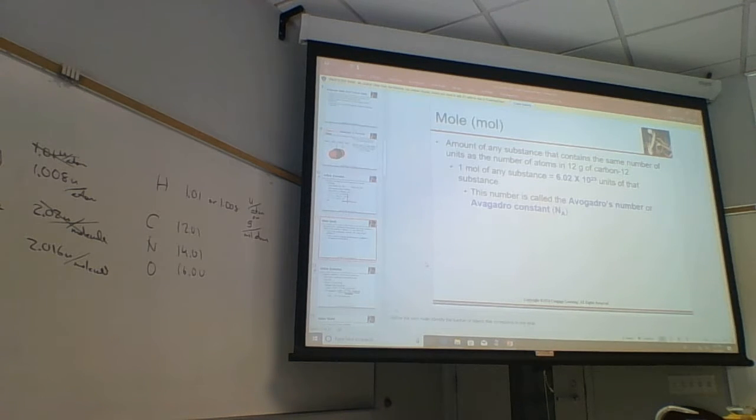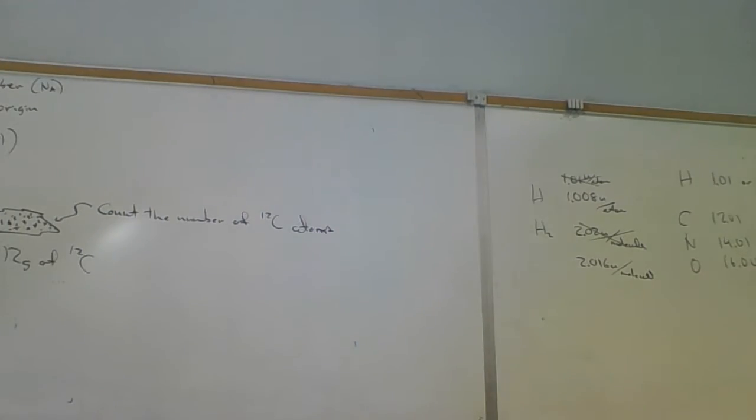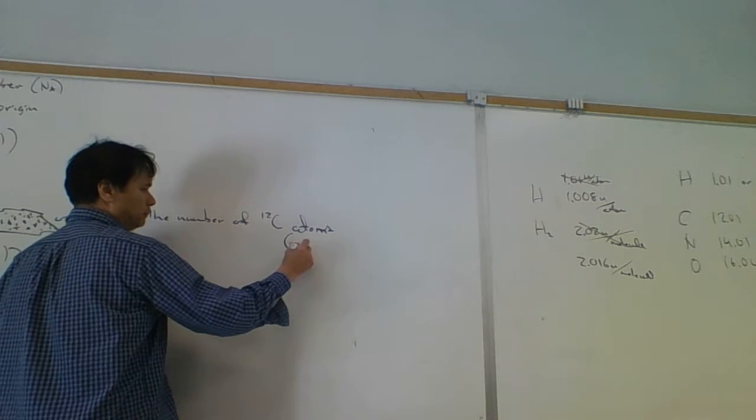There's another word that's used sometimes instead of saying carbon-12. Since it refers to a specific isotope, we could use the other word. Do you know the other word for an atom of a specific isotope? It's called a nuclide.